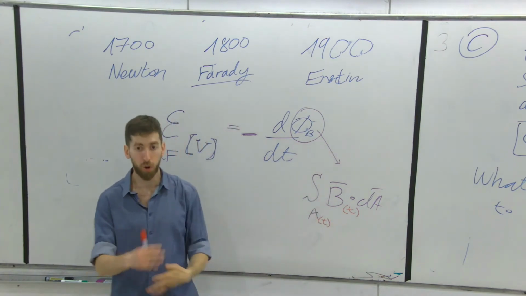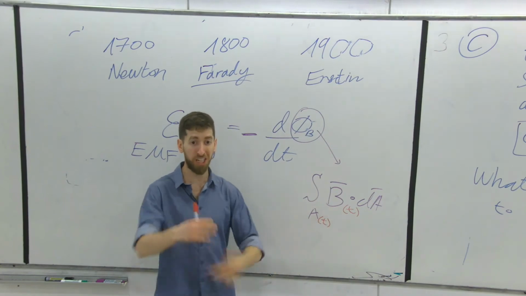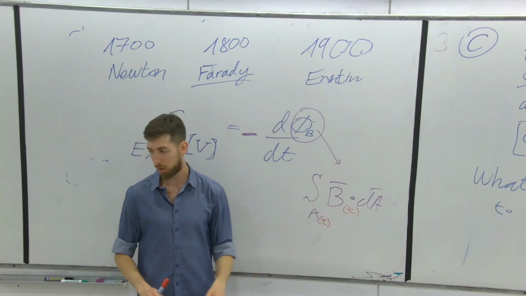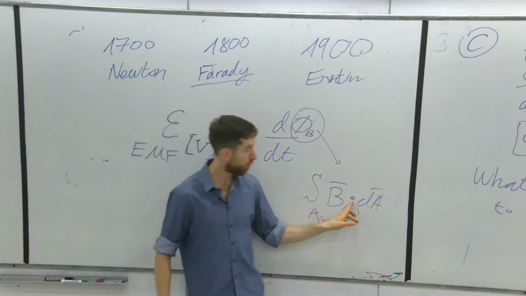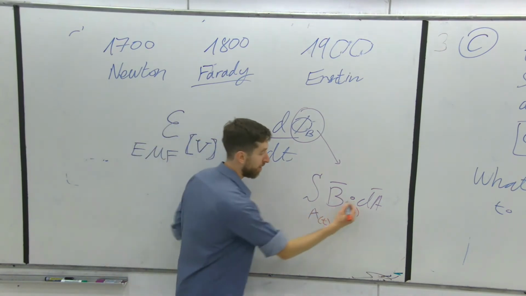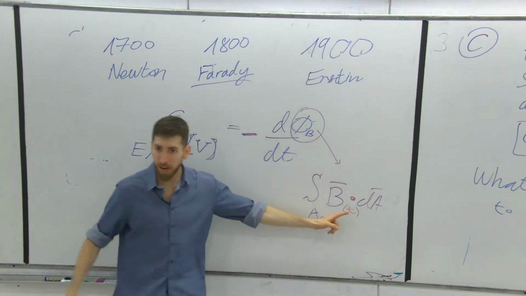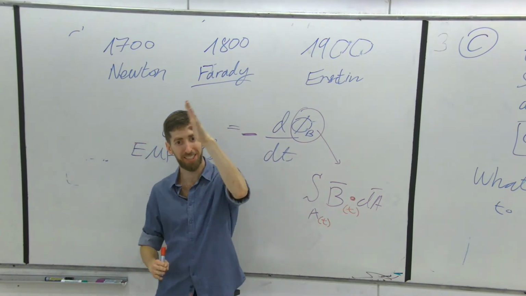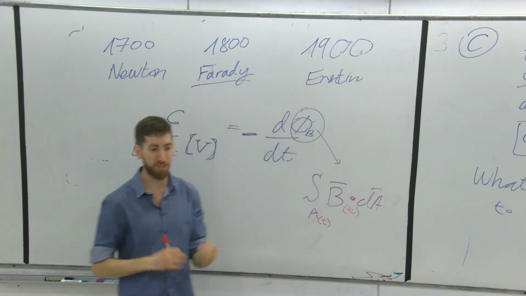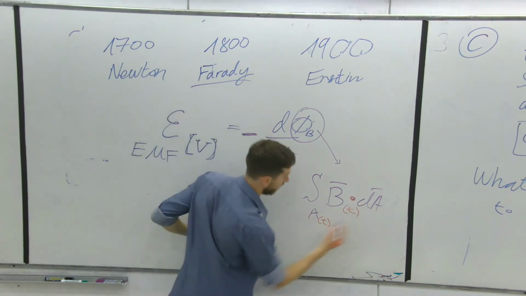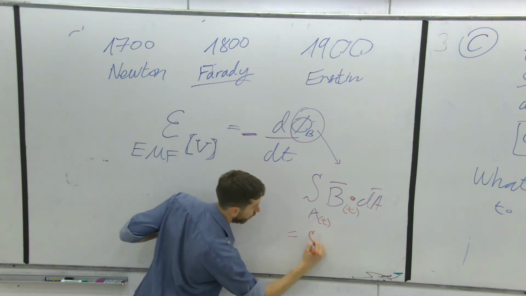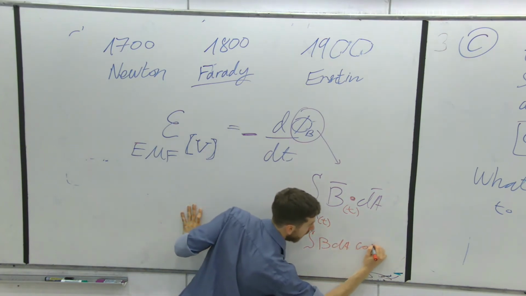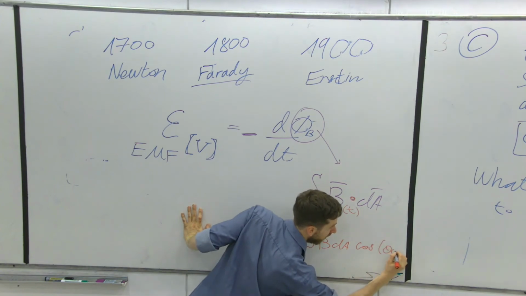So you can change the current, but that changes B. You can change the distance, but that's changing B. It's the same concept, okay? So we can change the direction between them. If the magnetic field points that way and then suddenly that way, something is changing, right? So the last term, not to forget, is B dA cosine theta in time.